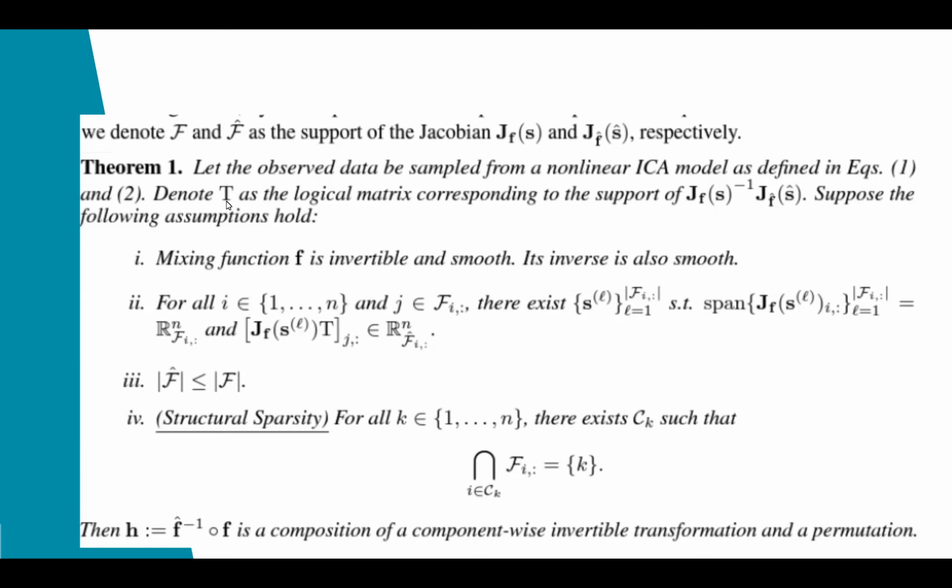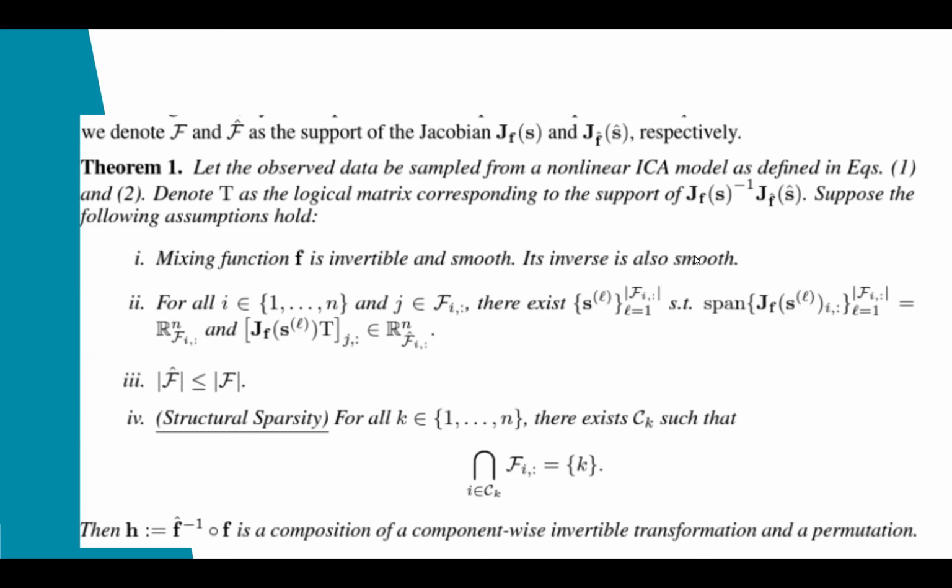T. No, this, you first start with this, so that should be the identity, right? So T is the logical matrix corresponding to the support of that. Is it also just a vector of ones? I guess, but they do permutation with some part.